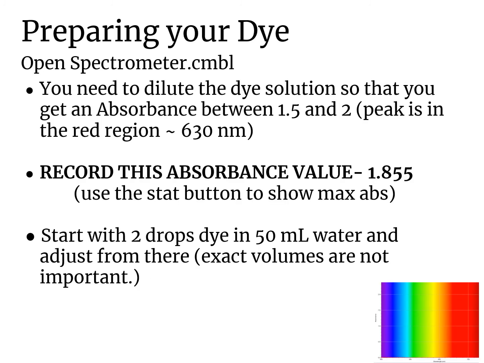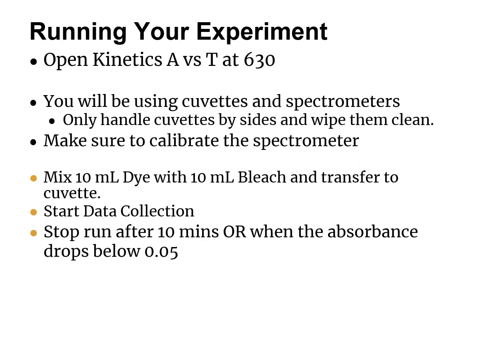Anyway, as I told you before, pay attention to this absorbance value right here, because you are going to use this value to convert the absorbance value of the dye to obtain the concentration. So you need this number in your calculations for the concentration of the dye.